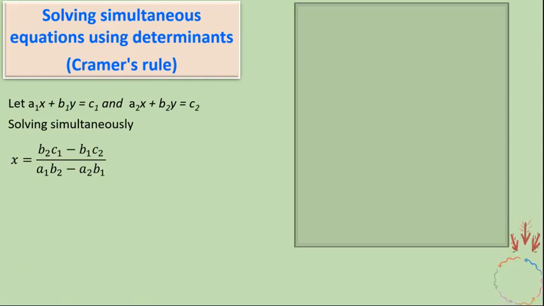So now, this first part here is the leading diagonal. In this leading diagonal, this will be the position of C1, and then that will be the position of B2. Now, this is the second diagonal.